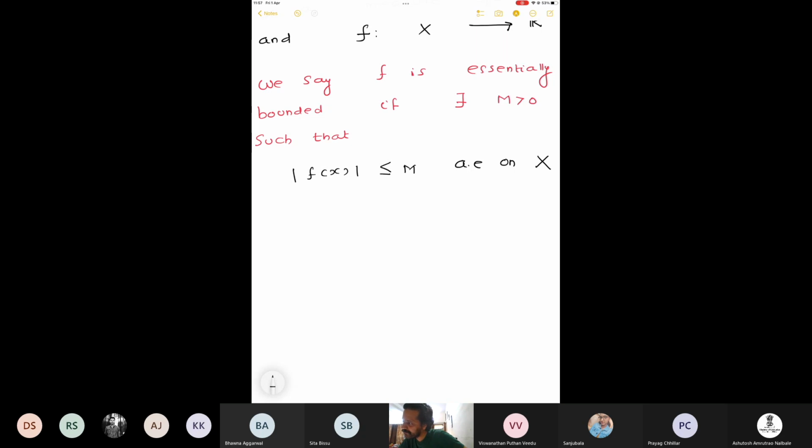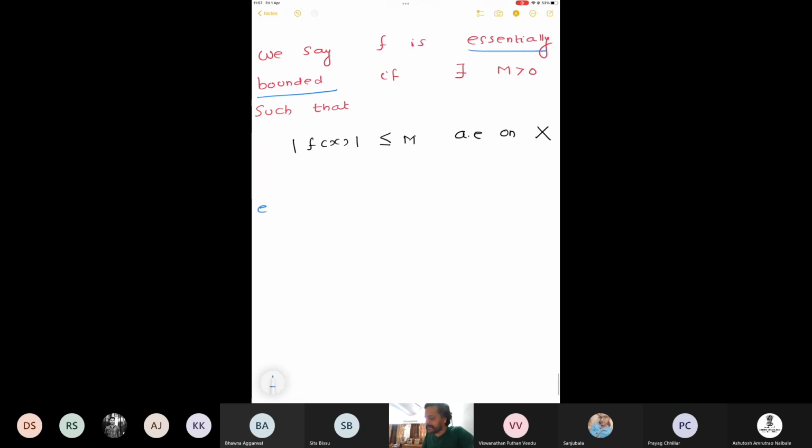Is that okay? Because measure 0 sets are irrelevant to me as far as integration or measure theory is concerned. Yes, sir. So this is a new definition, namely essentially bounded. A function is essentially bounded if it is bounded except on a set of zero measure.